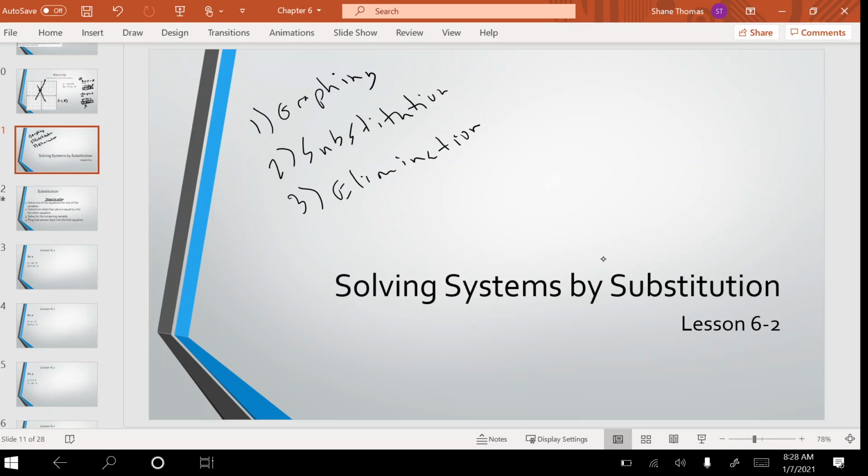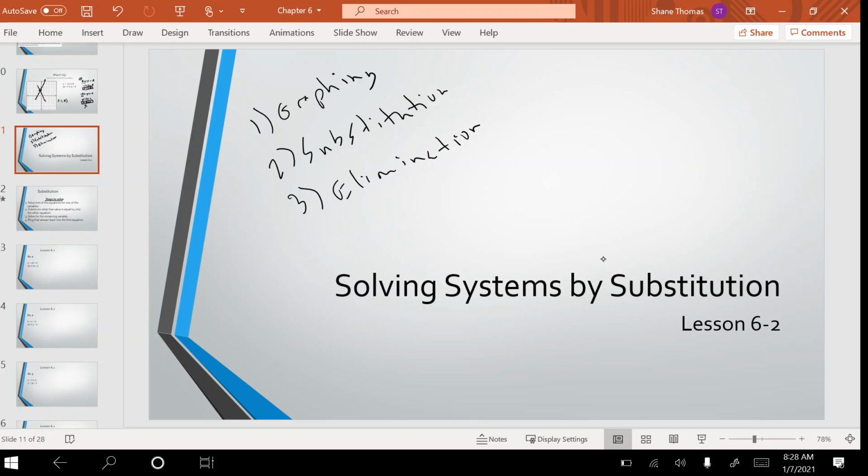I think you figured out that as soon as you got bigger than about 5 in either direction, it's a little sketchy, right? The biggest thing with graphing is it can be really inaccurate. With substitution and elimination, it doesn't matter what the numbers are, you can always get the right answer. It takes out the inaccuracy portion of this. It doesn't matter if your line's straight or anything like that.